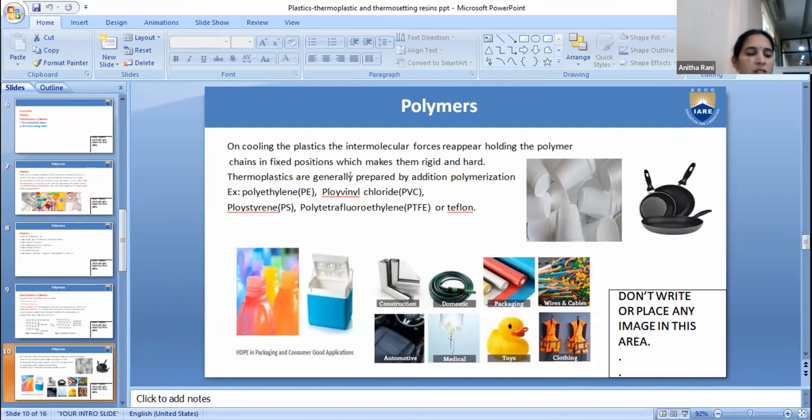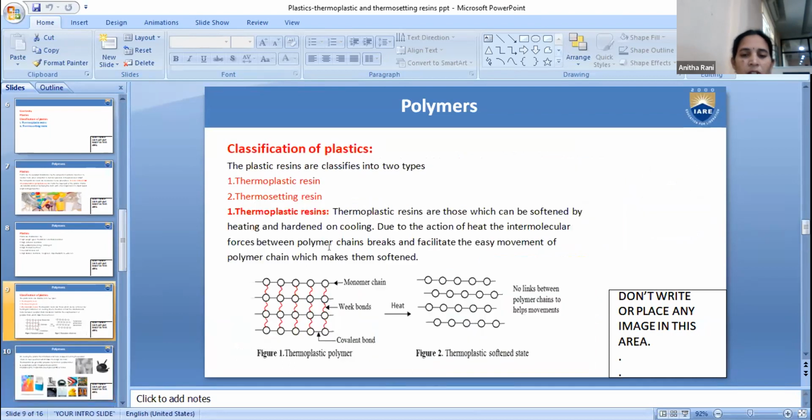Generally, these thermoplastic resins are prepared by addition polymerization. Examples: polyethylene, polyvinyl chloride, polystyrene, polytetrafluoroethylene, or Teflon. Thermoplastic resins can be softened by heating and hardened on cooling.